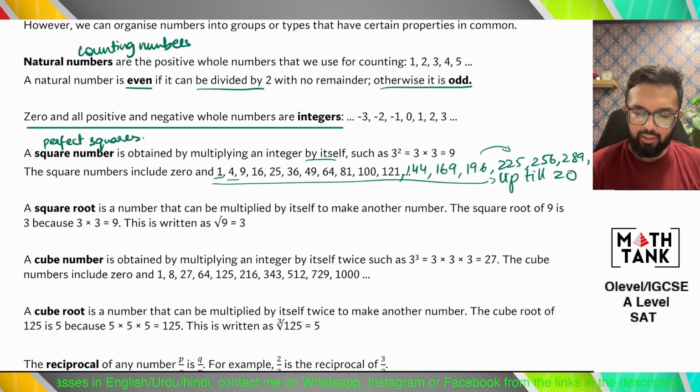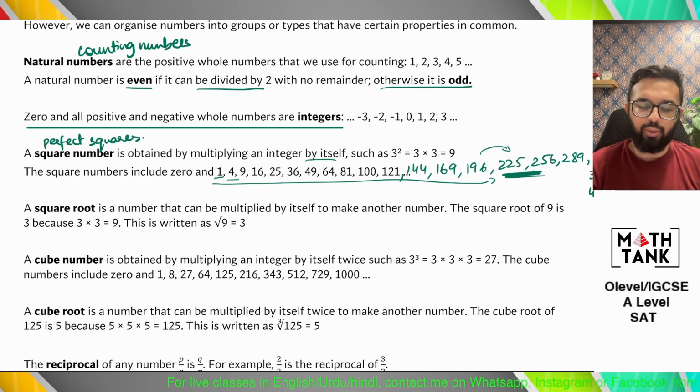Yeah, I've done this correctly. 361 and 400. So you should remember this list up to 20 squared.